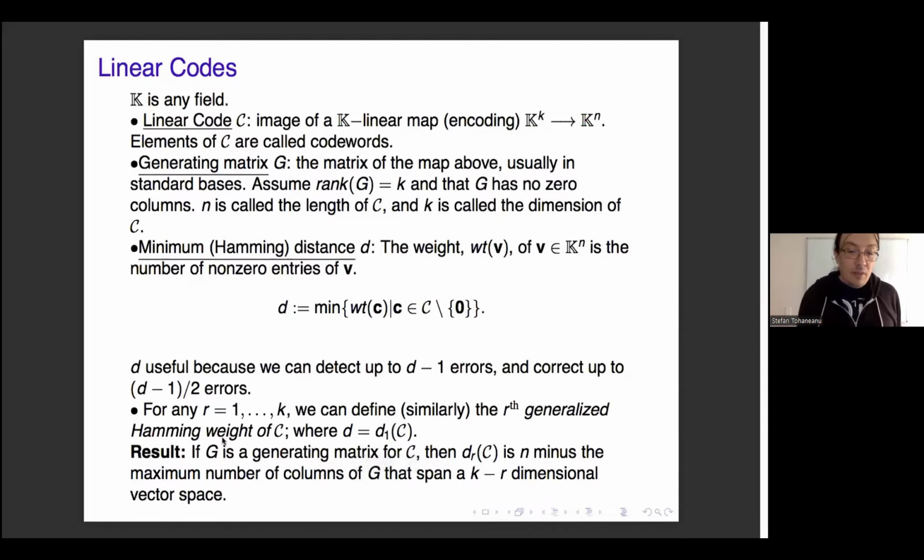If you want to forget about everything, you can define the r-th generalized Hamming weight to be n minus the maximum number of columns of the generating matrix G that span a k minus r dimensional vector space. So we're going to use this result in the future.